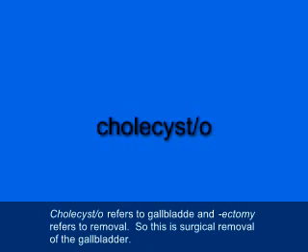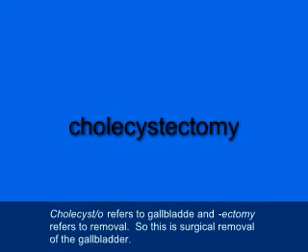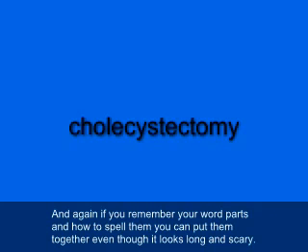Well, cholecysto refers to gallbladder, and ectomy refers to removal. So this is surgical removal of the gallbladder. And again, if you remember your word parts and how to spell them, you can put this together even though it looks kind of long and scary.